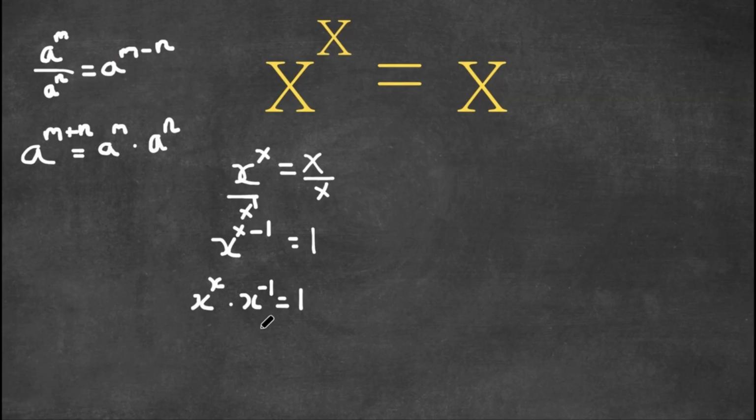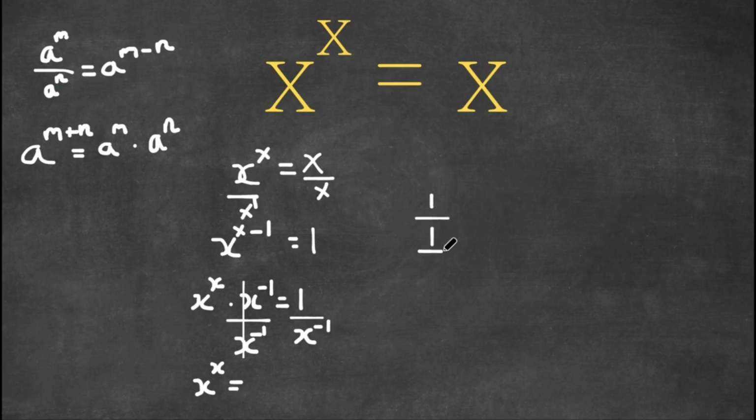So now, if I divide both sides by x to the power of negative 1, these two would cancel out, so I would get x to the power of x is equal to 1 over x to the power of negative 1, which is the same thing as 1 over x to the power of 1.